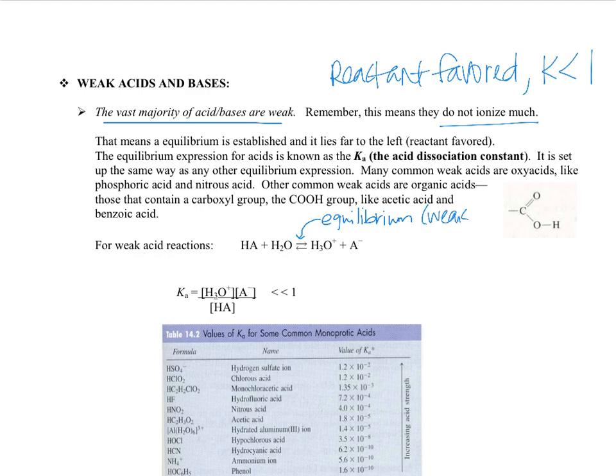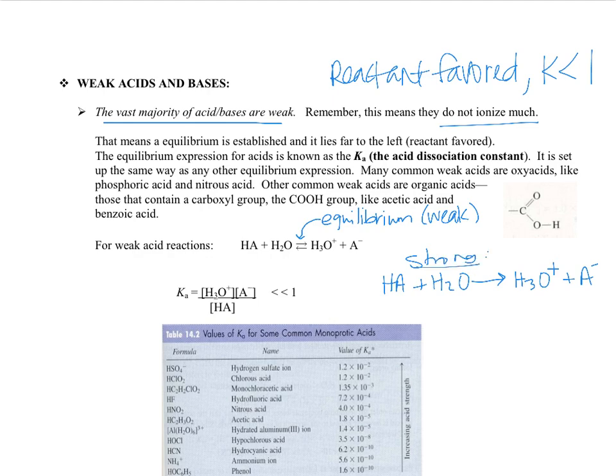Sometimes they can put it that way for a strong, but typically, if you were really thinking about it, if it's a strong acid and we put that in water, it's 100% dissociation. So it's pretty much just a right arrow to make H3O plus and A minus. So remember that 100% dissociation in a strong will typically mean that it's very product favored.